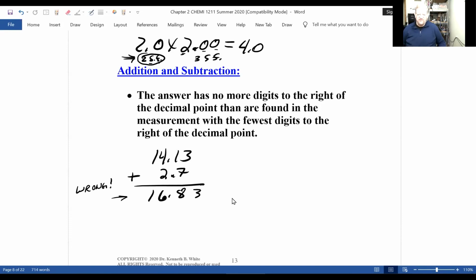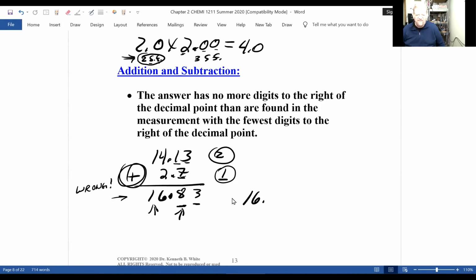What we have to do is only look at the digits past the decimal when you're doing addition and subtraction. But in this class, I don't think we do any subtraction. You will be doing addition. You get the same number of significant figures past the decimal point as the number that has the fewest digits past the decimal. This one has 2 past the decimal. This one has 1, which is the lower number. And the answer is 1. How do you round this number off to 1 past the decimal? Anything to the left, you don't change.